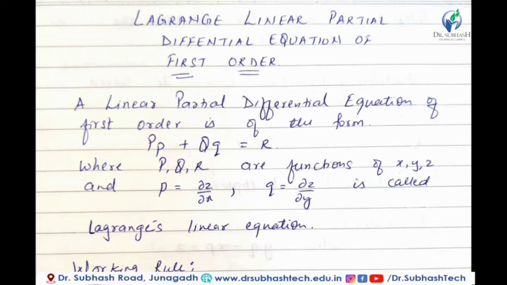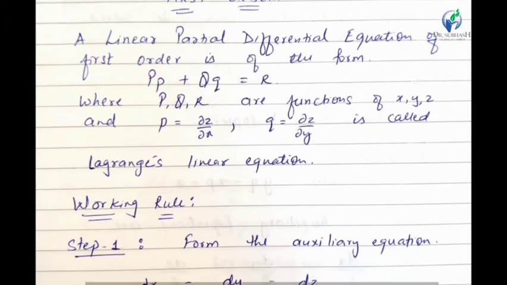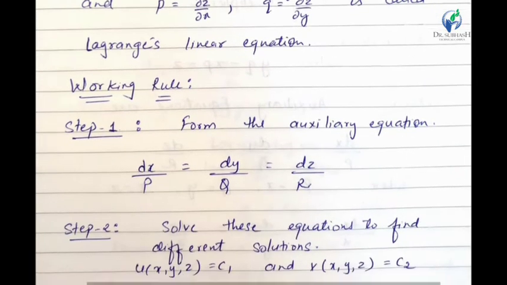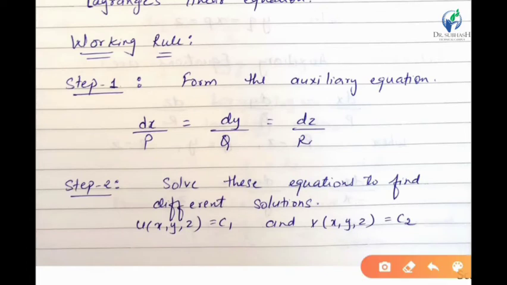Now we will see the working rule of Lagrange linear equation. There are three steps to solve this equation. First step is we have to form the auxiliary equation. Now what is the auxiliary equation? dx upon P equal to dy upon Q is equal to dz upon R. We substitute the value of capital P, capital Q and capital R. Now using this auxiliary equation, we have to find two different solutions.